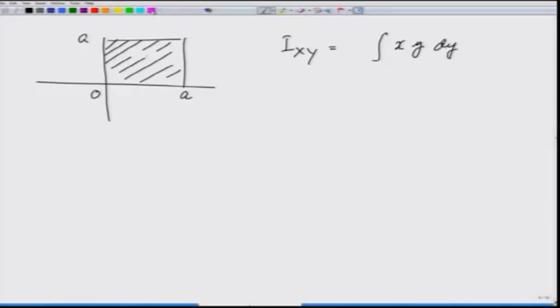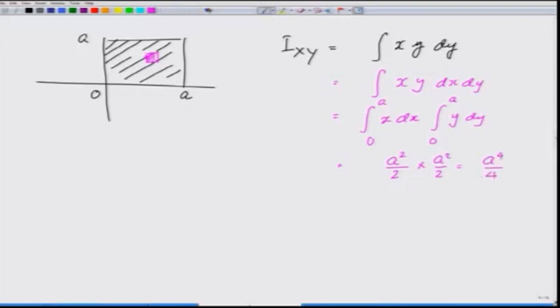So, if I take this small area out here, this is integral x y dx dy, which I can write as x dx 0 to a integral 0 to a y dy, which comes out to be a square over 2 times a square over 2, which is a raised to 4 over 4.